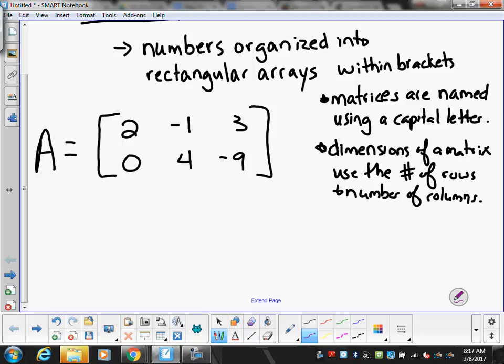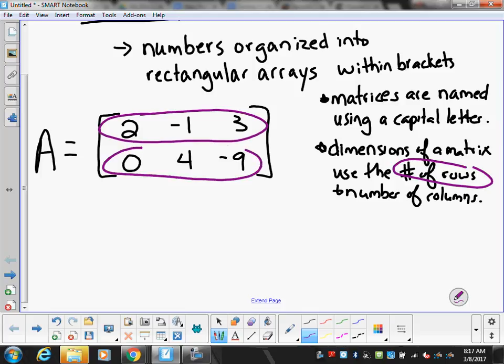All right, so the number of rows, there's one row, there's two rows. So the number of rows is 2. And so in this matrix, there's only 2 rows.